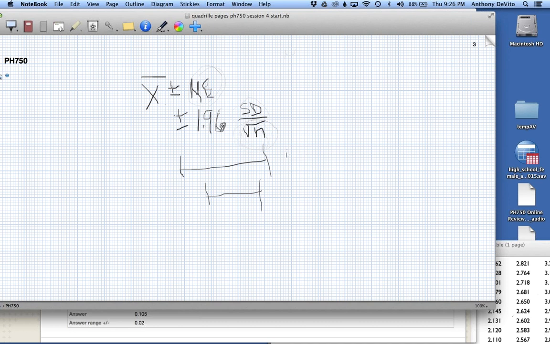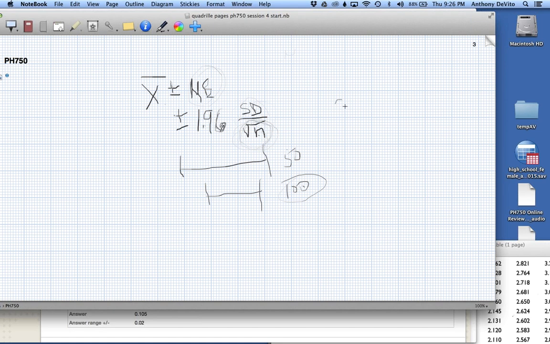A sample size of 50 might be that wide, and a sample size of 100 might be that wide, because the bigger number divided into the standard deviation makes this whole number smaller. But the only problem is it's the square root of n.